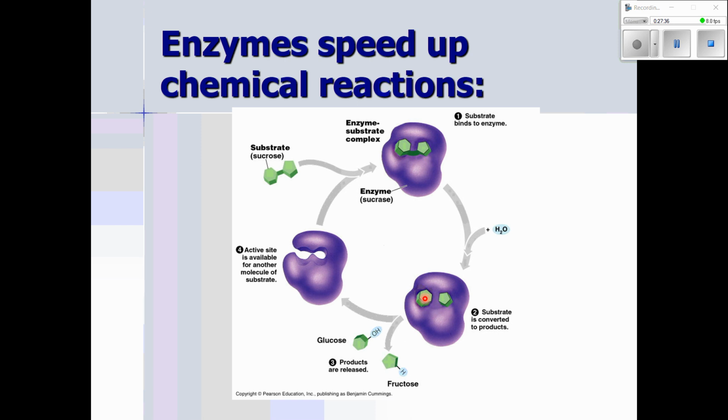It is now glucose and fructose, and they are two separate monosaccharides, and they are now going to be released as products. Now the active site is empty once again, and it's ready to take in the next sucrose and break it down, take in another sucrose, break it down, always releasing the products afterwards.